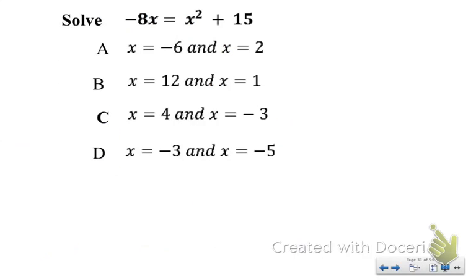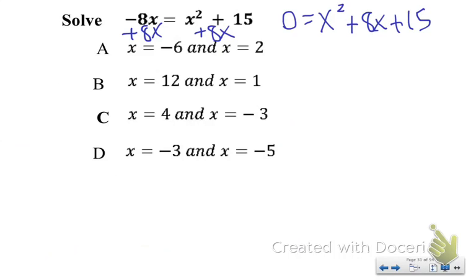Solve the quadratic equation. So remember, we know tons of different ways to do this, whether you are graphing, quadratic formula, factoring, whatever you want to do. Just make sure that it's equal to 0 before you solve. So the first thing you have to do is add 8x to both sides. So we end up with 0 equals x squared plus 8x plus 15.